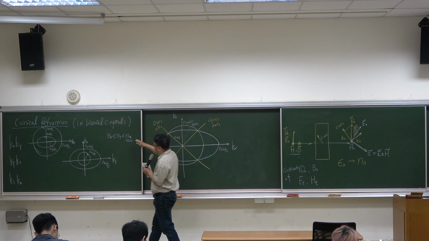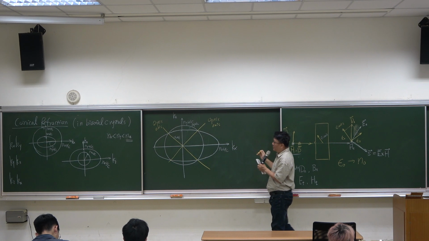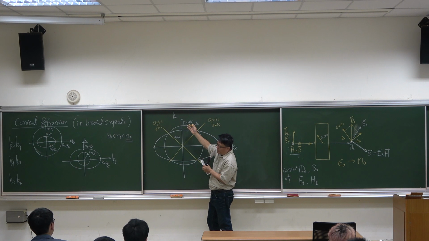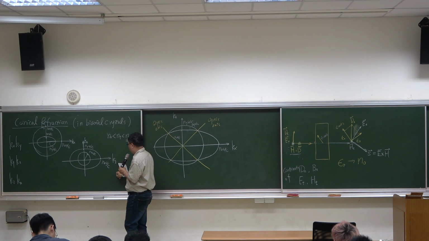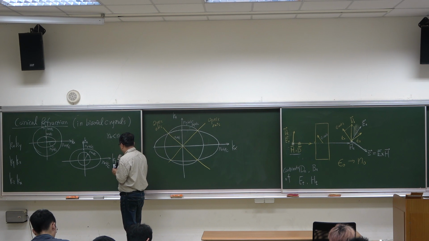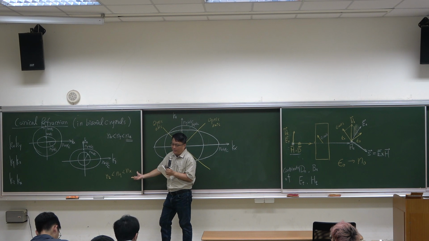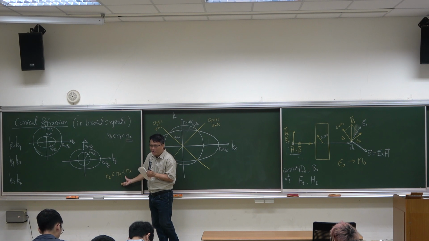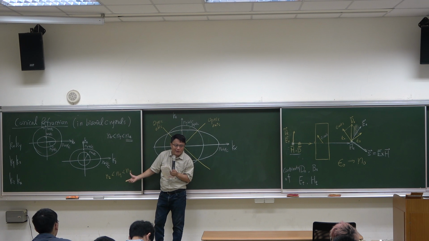So if we have this order of these three reference refracting indices, then the optic axis must be lying on the kx, kz plane. If I change the order to say this order, the optic axes are still lying on the kx, kz plane.